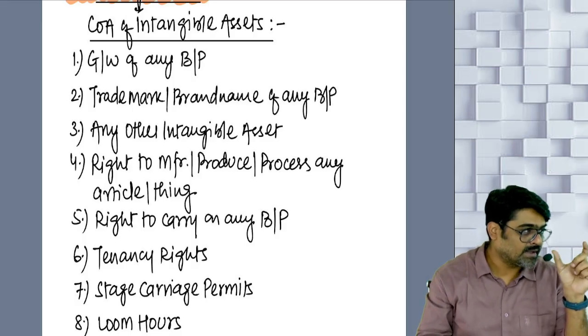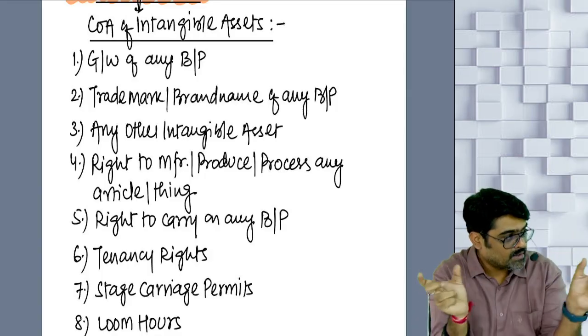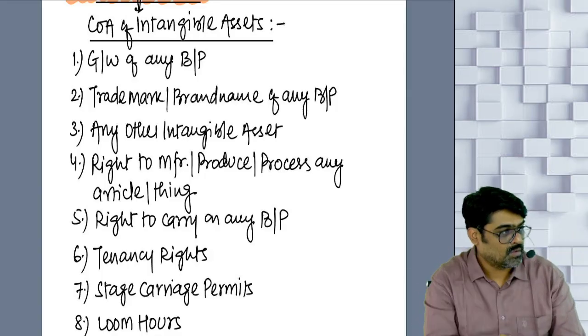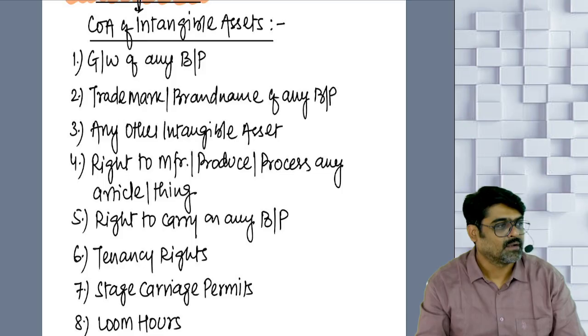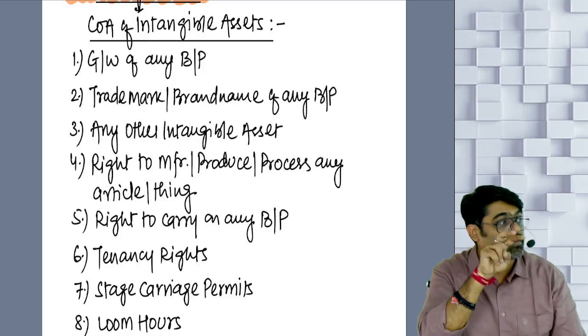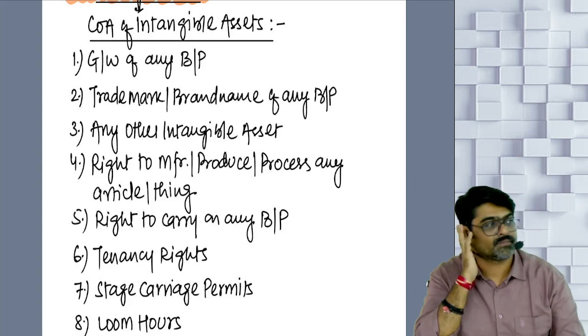Something is known as brand name and something is known as trademark. Both are different. Trademark is some logo, and that logo is so famous that people will immediately come to know with that logo only which company this is, which product this is.